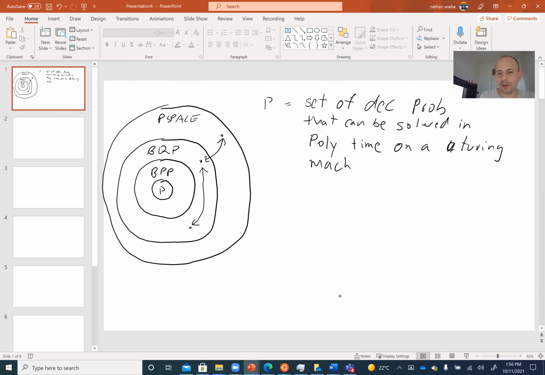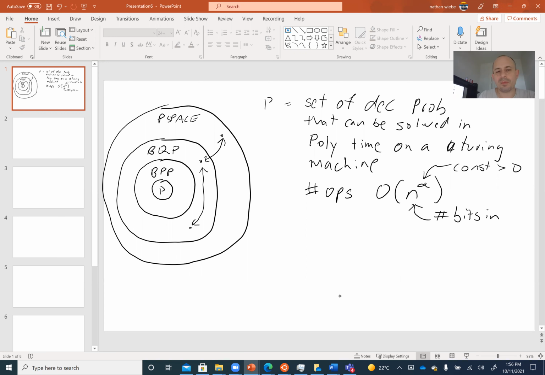And so here, what I mean by polytime is that in terms of the size of the input, the number of ops needed to compute this function scales as order n to the alpha, where here, n is the number of bits in, and alpha is some constant greater than 0.